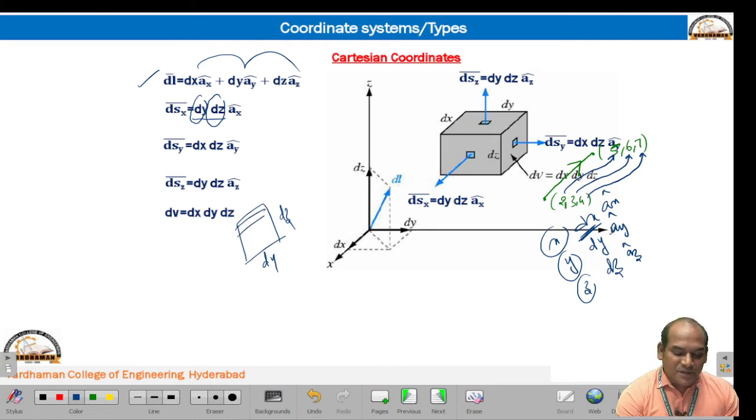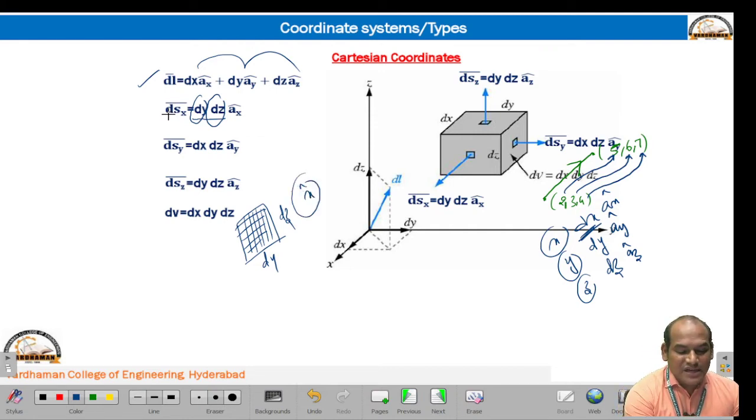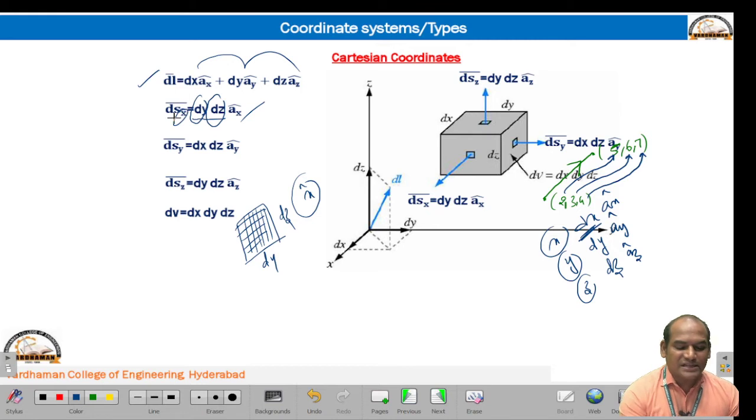The surface is created because of the values of y and z, but the direction of the surface is the x direction. That is why the surface is a vector having the direction perpendicular to the surface. Surface is created because of y and z, that is why dy dz, but the direction is given by ax cap. The suffix represents the direction only.